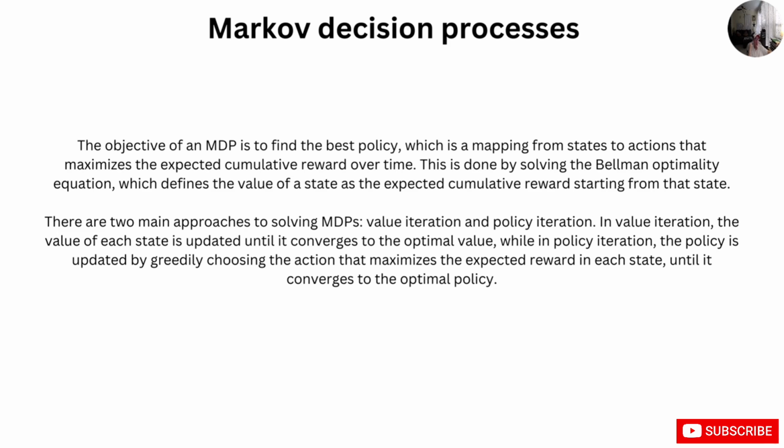There are two main approaches to solving MDPs: value iteration and policy iteration. In value iteration, the value of each state is updated until it converges to the optimal value, while in policy iteration, the policy is updated by greedily choosing the action that maximizes the expected reward in each state until it converges to the optimal policy.